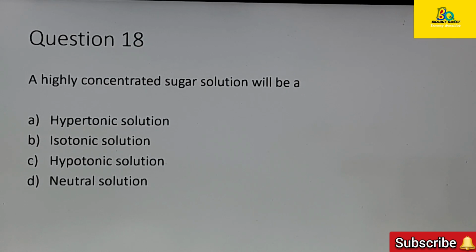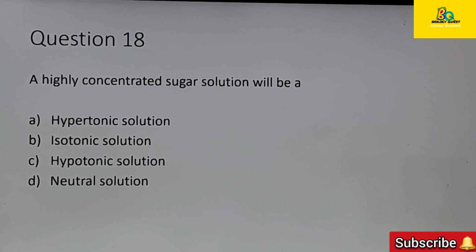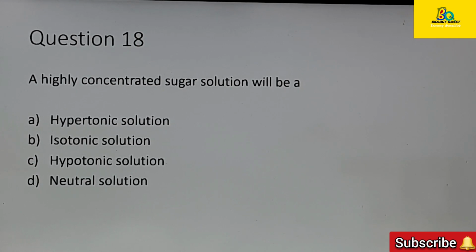Next question. A highly concentrated sugar solution will be A, hypertonic solution, B, isotonic solution, C, hypotonic solution, and D, neutral solution. A highly concentrated sugar solution means the amount of sugar in the solution is very high. That means such a solution is said to be a highly concentrated solution.